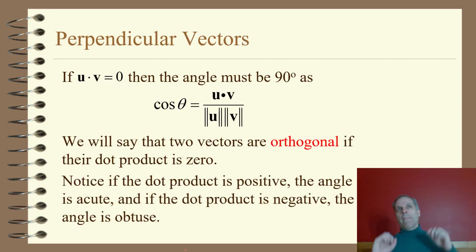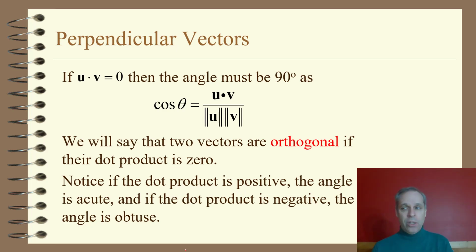Okay, now that you have that, the next thing is we want to use that to describe a certain kind of special relationship between vectors. See, if their dot product is 0, then the angle between those two vectors must be 90 degrees. The reason is the cosine of that angle is equal to this fraction. But if u dotted with v is 0, then the cosine of the angle is just 0.